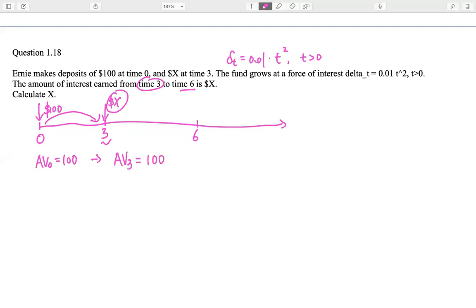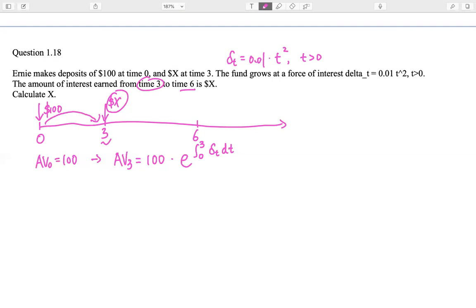So my initial deposit is 100, and since I have a force of interest, it will be exponential raised to the power of the integral from 0 to 3, because I'm looking at 3, of the force of interest dt, right? That's nothing but the definition. So that is the AV3 before my second deposit.